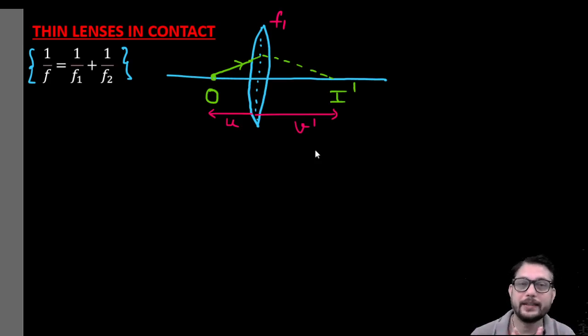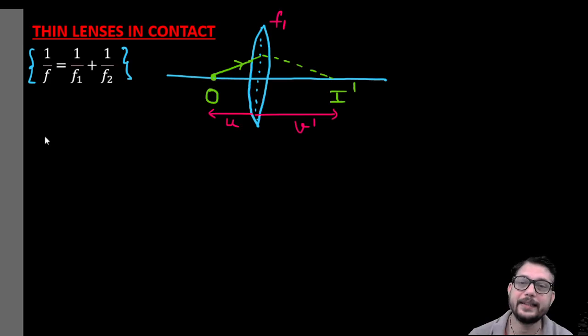Because we know that some more thin lenses are in a row, they come and sit beside the main lens. So we can simply say that the image of this lens, whose focal length is f1, will be the object of the second lens.